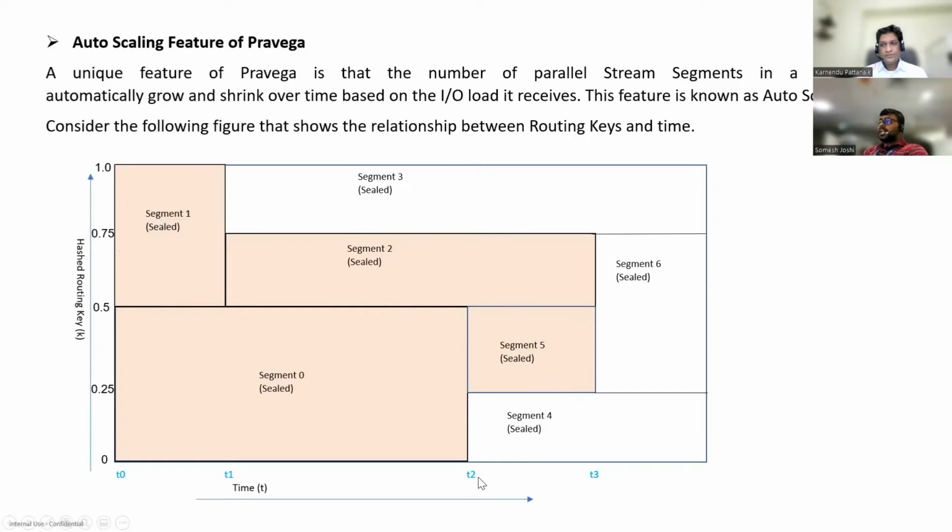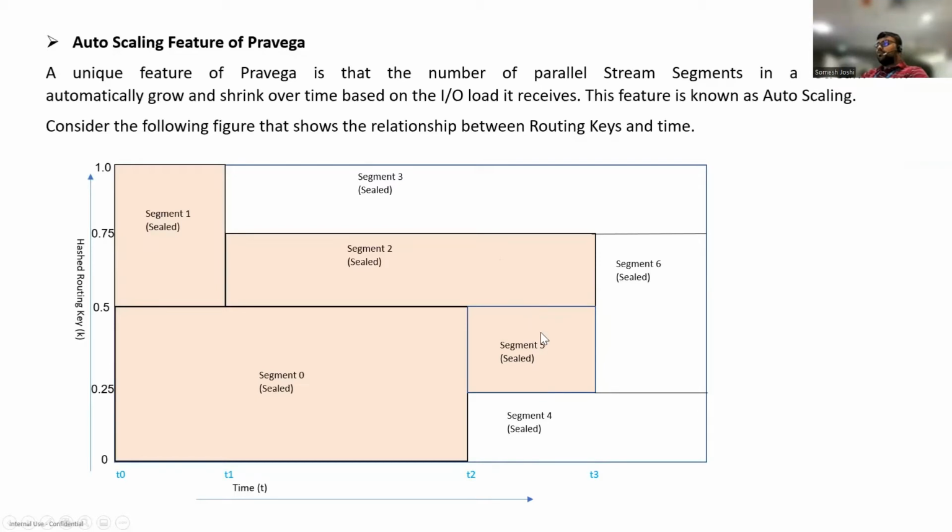Now if we consider time T2 to T3 interval, if the amount of data or events getting populated over these two segments, segment 2 and 5, is below the threshold value for a stipulated amount of time and matches this scale down condition, then it results in merging the two segments, segment 2 and 5, after time interval t3, with the creation of new segment 6 following the sealing of segment 2 and segment 5.